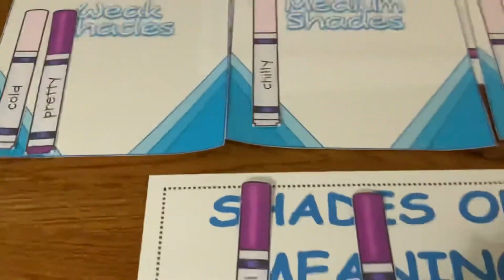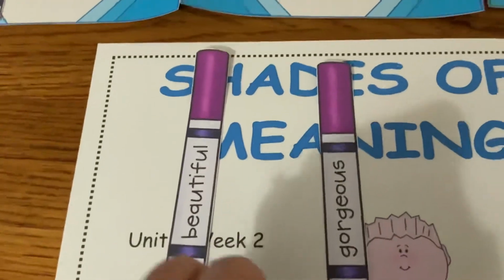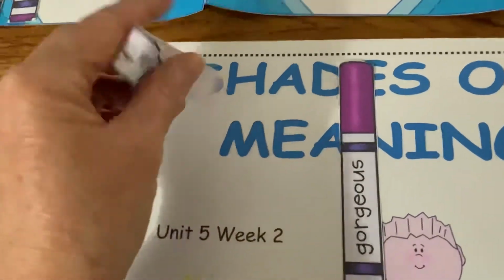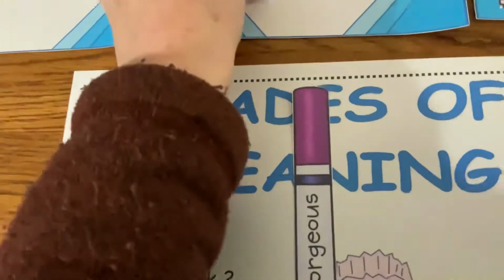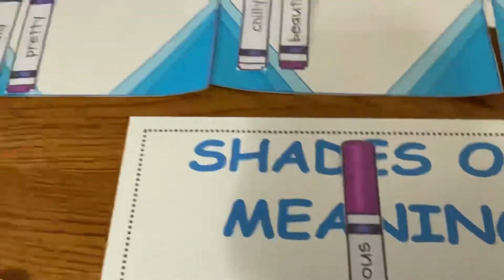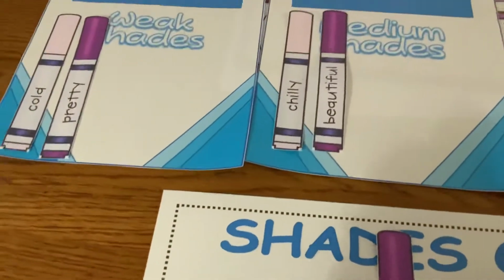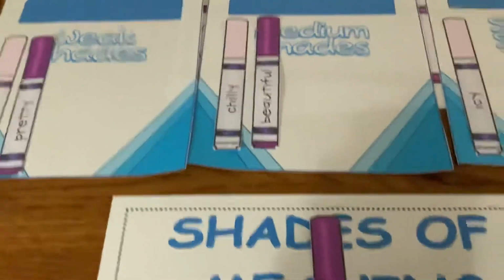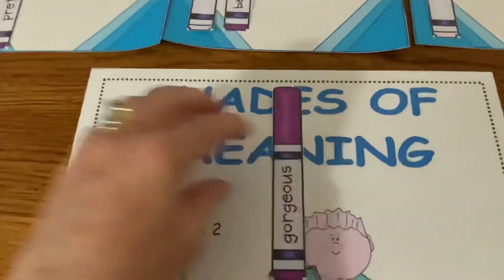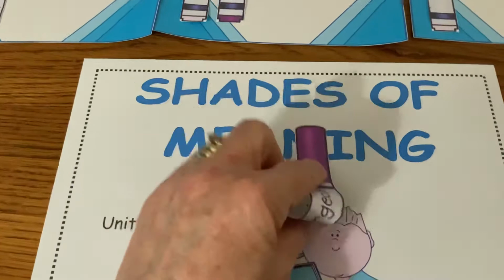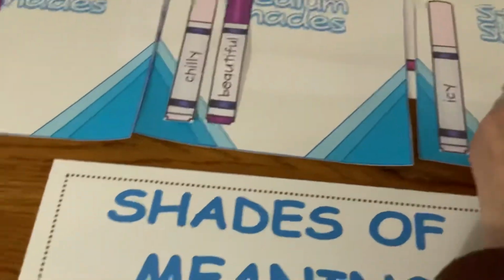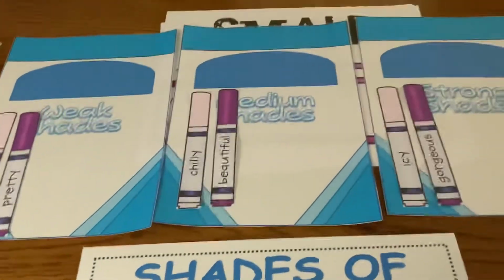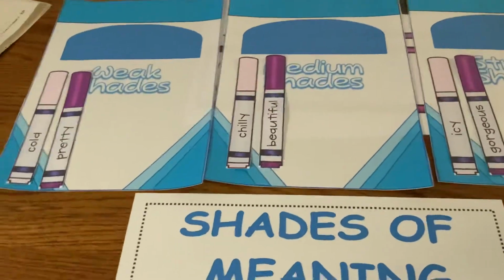But if I really like it even more, I might say that it is beautiful. It still means it's good looking, but it's even more than pretty. And then if I really, really like it, I might say it is gorgeous. Gorgeous gives you the idea of something that is more than just pretty. I really, really like it.